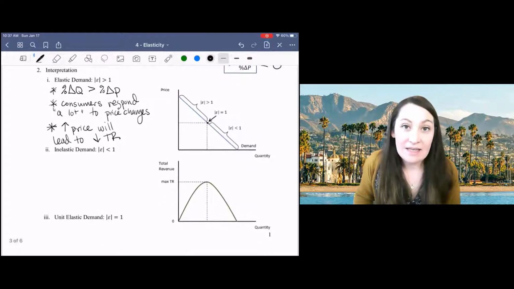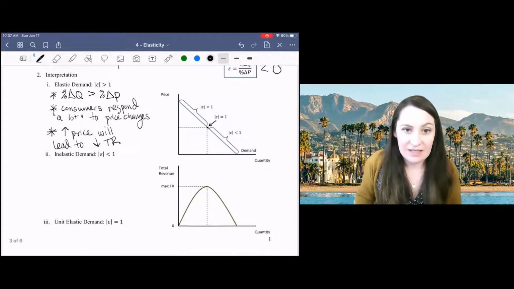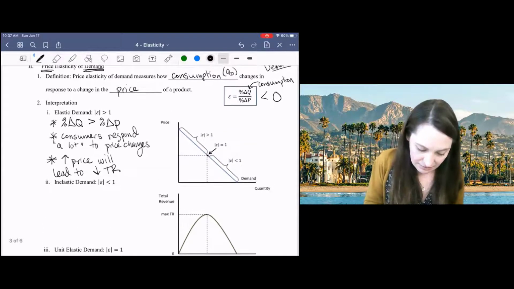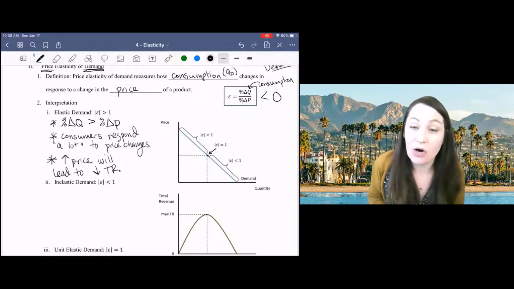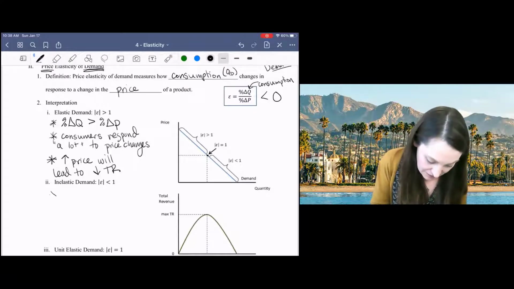When demand is inelastic, it means that this fraction is less than 1. Or in other words, the price change is larger than the quantity change.